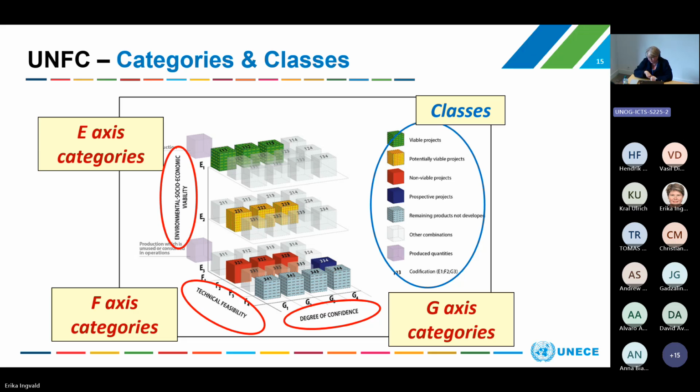And to refer back to the previous round or call for strategic projects, those that finally got the status of strategic project, they were in the green or the yellow boxes, so viable or potentially viable projects. And I think it's important with the timing when you do this application so that you enter the benefits of the Critical Raw Materials Act at the right time.